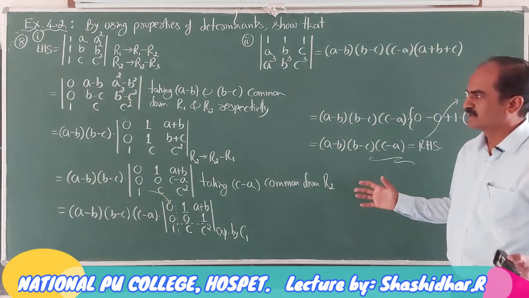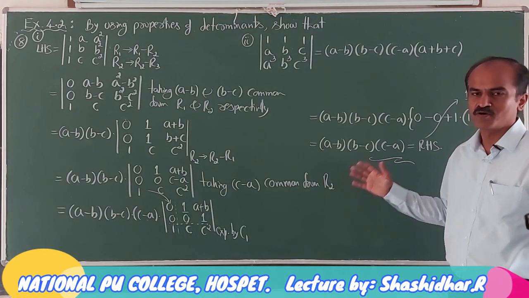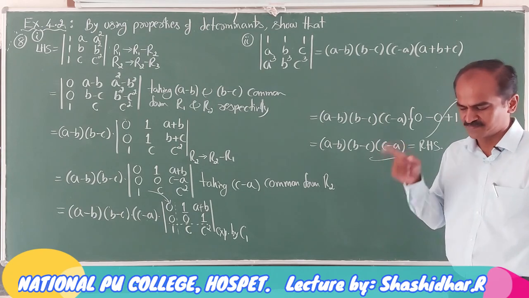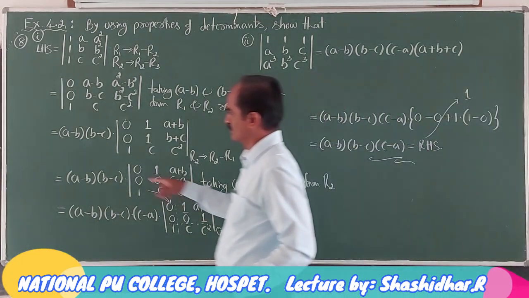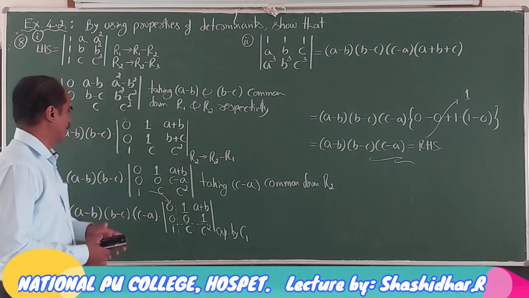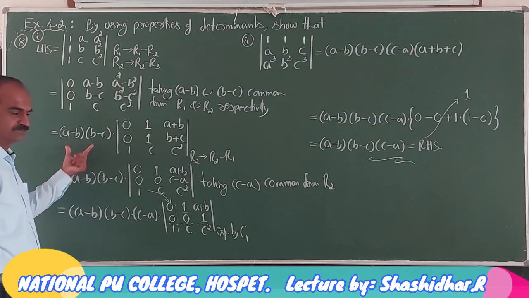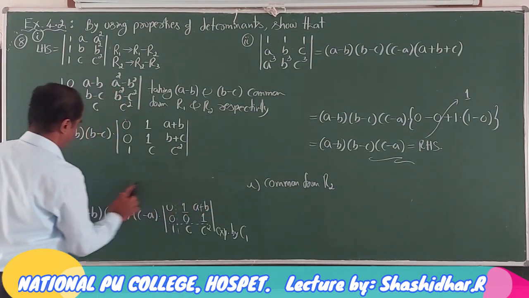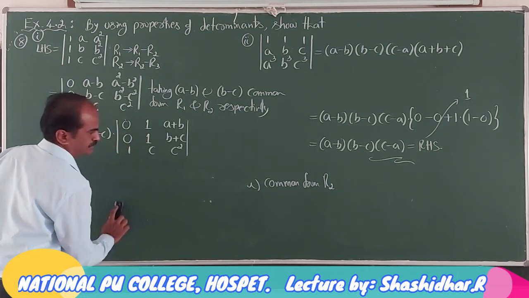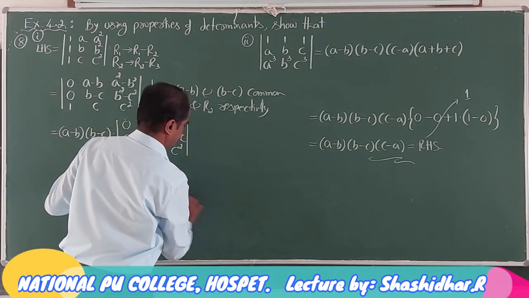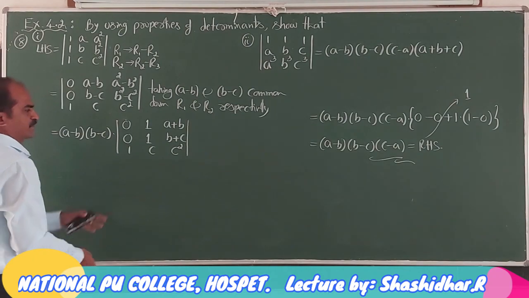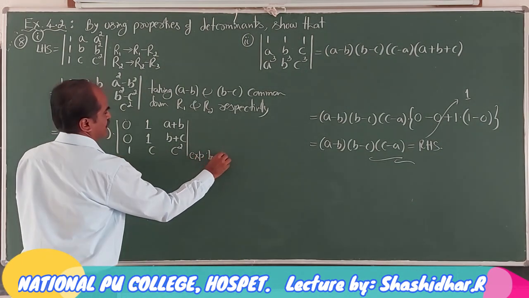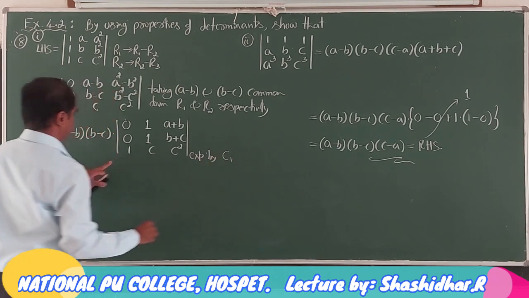So we planned the row operations in order to get all three factors, A minus B, B minus C, C minus A. Otherwise, after getting the two factors A minus B, B minus C, instead of any row operations, I will expand here, expanding by C1.